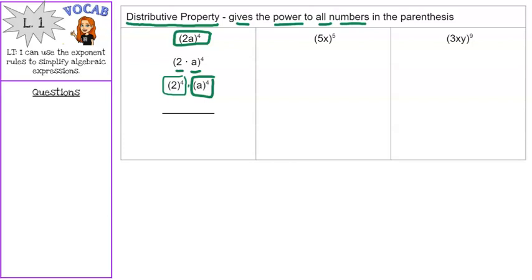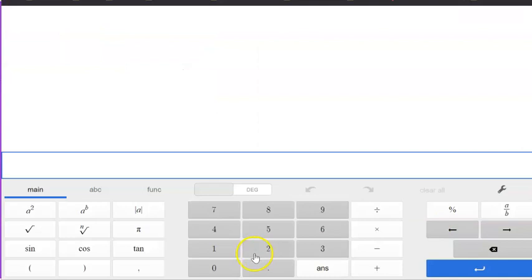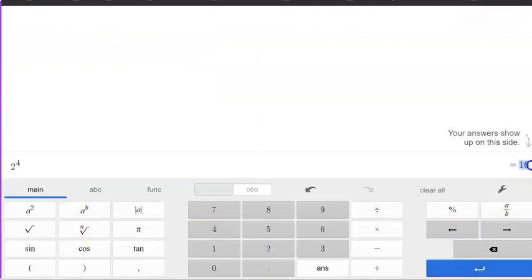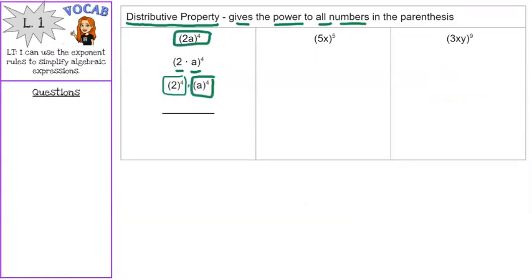So 2 to the 4th power, we can use our calculator, and that is 16. So I know that this is 16 times a to the 4th power. Because I don't know what a is, I just leave it as a to the 4th power, and that's my final answer.